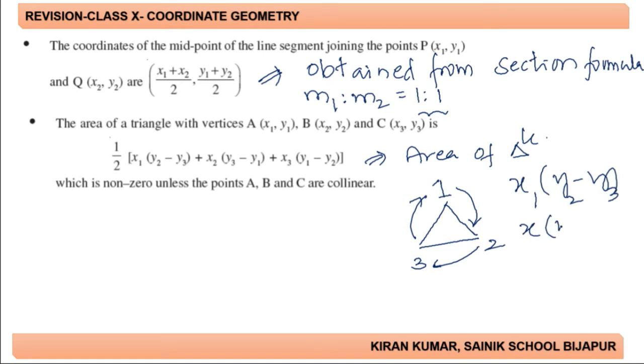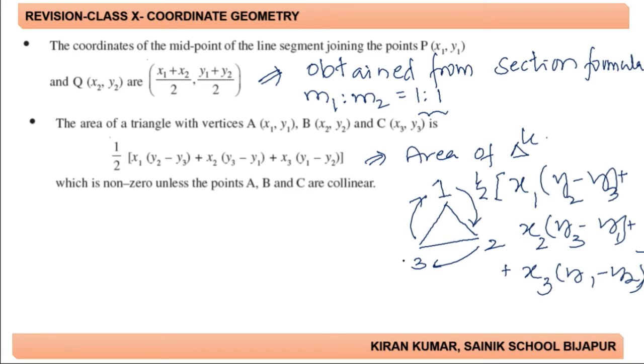Next, if you start from 2: 2, 3, 1. If you start from 3, it is 3, 1, 2. These are all to be added, and we need to multiply this by half. This is how you can remember the formula.